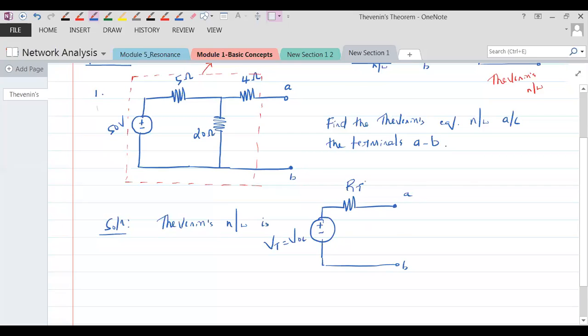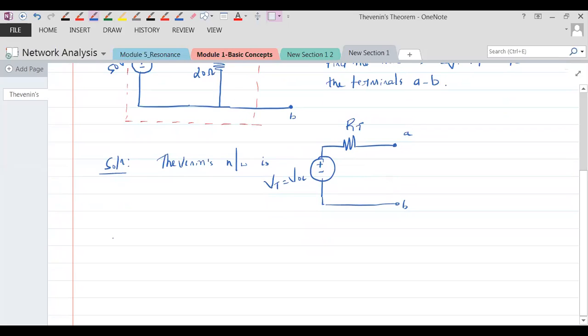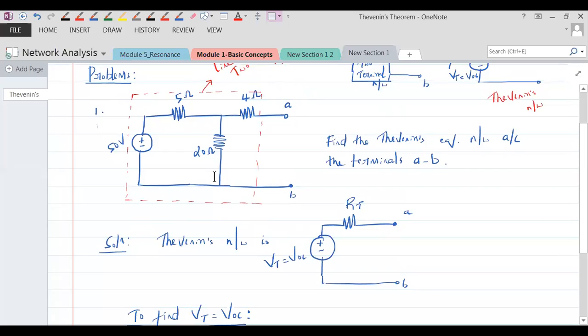Everybody understand? So what are we doing first? First, let's find VOC. To find VT, which is your VOC. Everybody understand this?